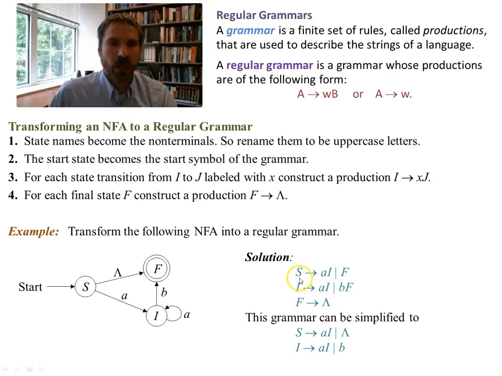I'm in S, what can I do? I can produce just F, the lambda doesn't need to be written here, the lambda just drops out. This lambda edge means I'm in S and F at the same time, so S can go straight to F, so S can be F, or S can consume an input signal and go to I, so AI.